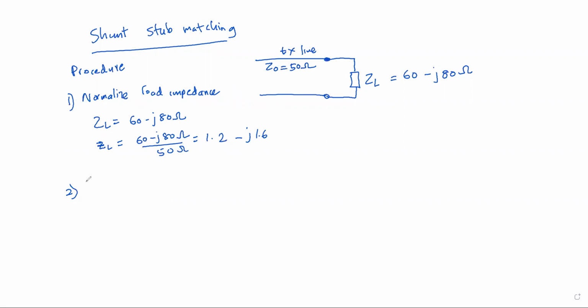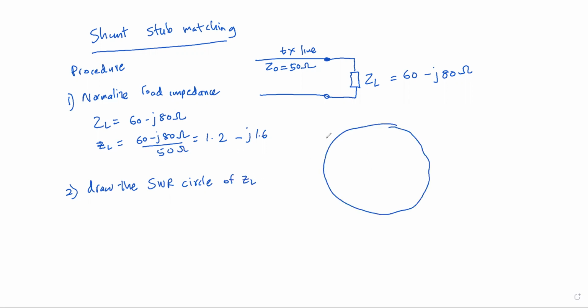So next, you need to draw your Smith chart, and you need to draw the corresponding SWR circle of that point. Draw the SWR circle related to ZL, right? So first you go to the Smith chart and mark this point.